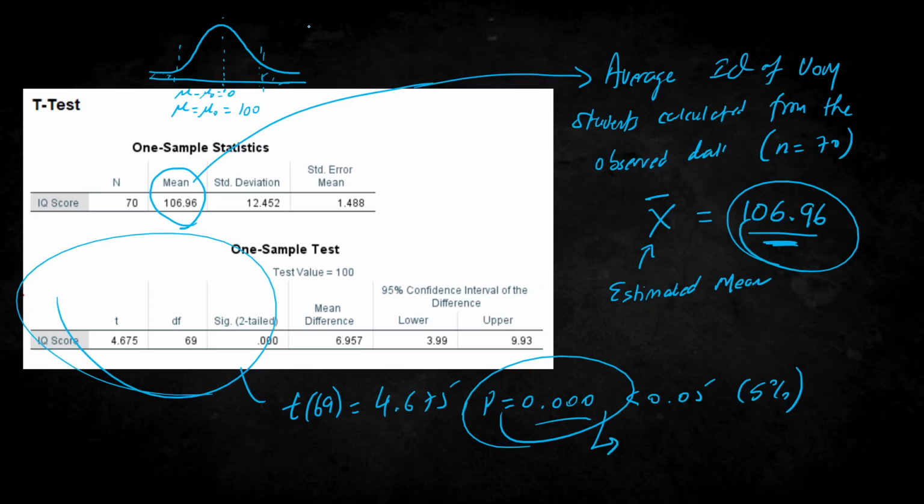I mean, it's important that we understand what's happening, but at the end of the day, when interpreting the results, the software already provides us with the p-value, and we can just focus on this one.